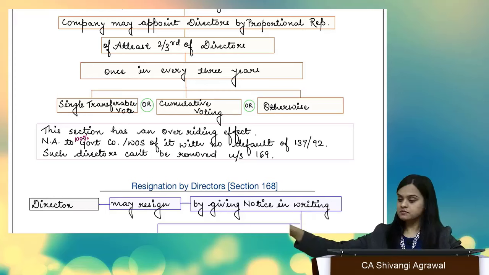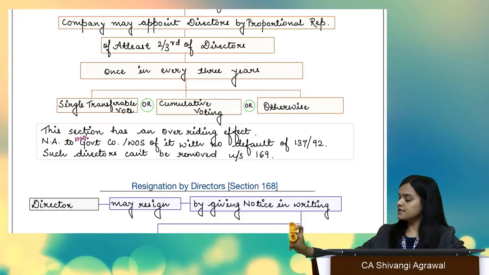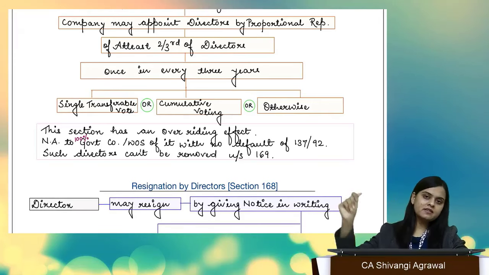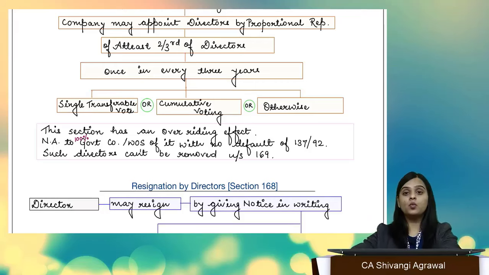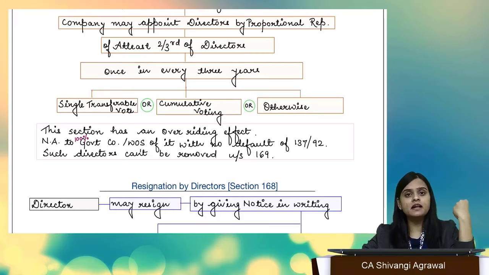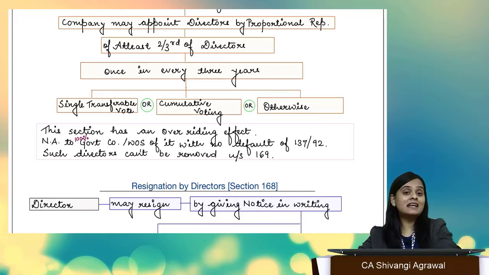Okay. Next we have section 168, the resignation of directors, a very simple section. Before we go on to resignation, let me discuss with you, what do the directors do? What are their duties? The directors have to act in accordance with the Companies Act. They have to act in accordance with the articles of the company. They must act in good faith.